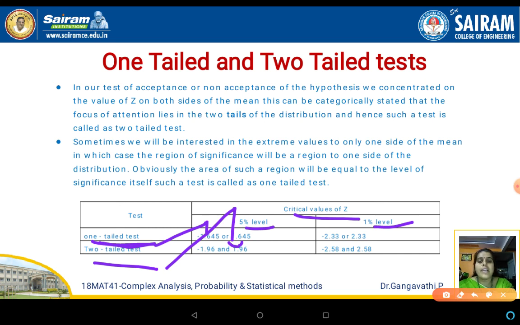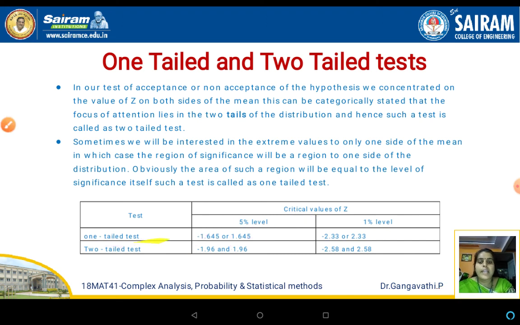Similarly, moving on to the one-tailed test at the 1% level of significance, we have the end values as minus 2.33 or plus 2.33. So be careful: either one value, the negative value or the positive value, in the case of a one-tailed test.